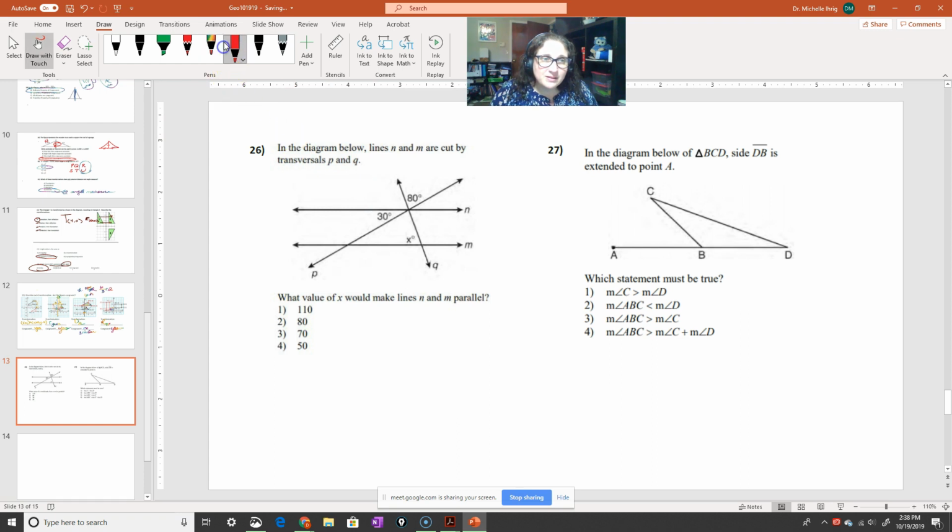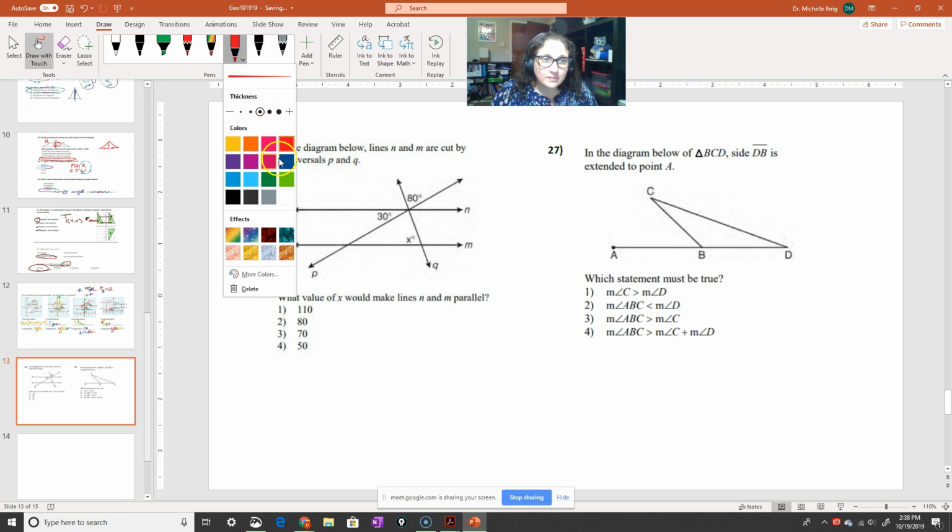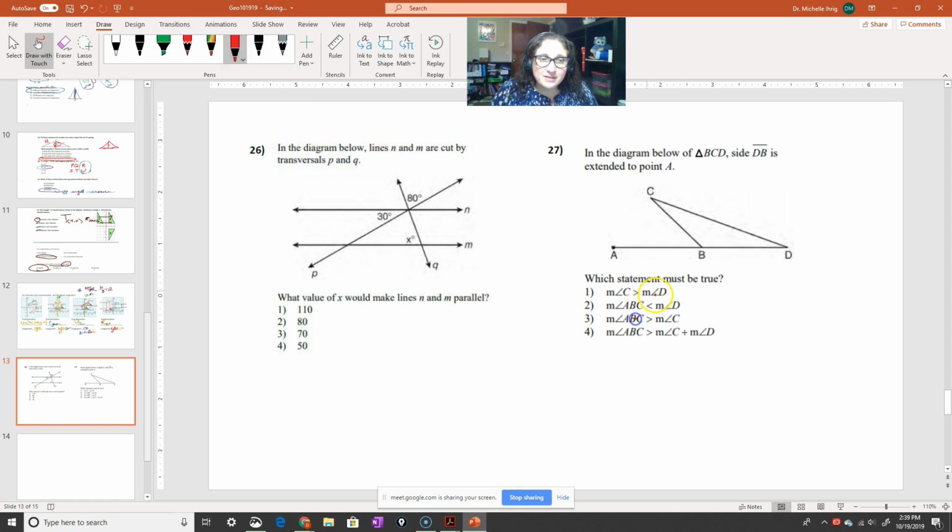If this is angle X, I need a pen. Okay, if this is angle X here, angle X is going to map to this value. So that's what we have to figure out. We know that this is a straight line, and straight lines have 180 degrees.